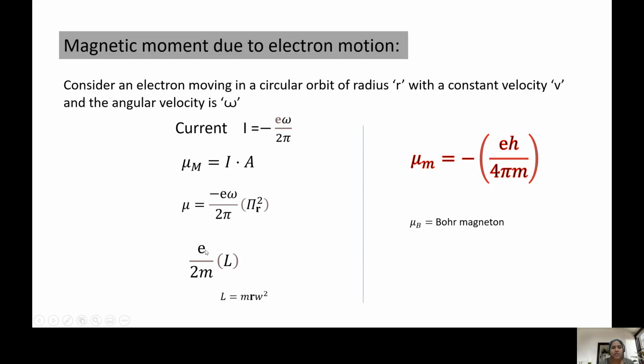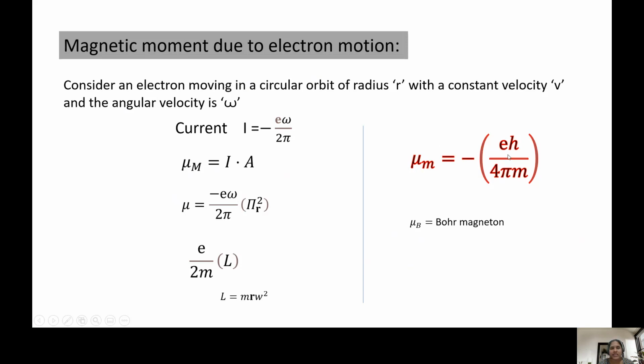From this we can write e upon 2m into L, where L is the orbital angular momentum, L is equal to m r square omega. Substituting all in the above equation, we get the orbital magnetic moment as eh upon 4 pi m.